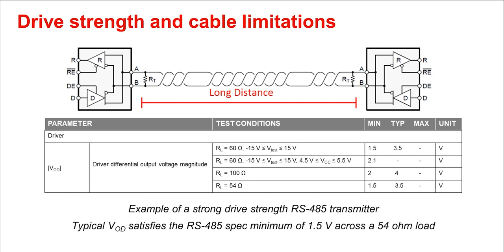This means for higher data rates, the communication distance limit is more affected by the cable quality and less by the transmitter's drive strength. In short, if further communication distance is required at high data rates, the transmission cable should be evaluated first, since it has a larger effect against the communication distance.